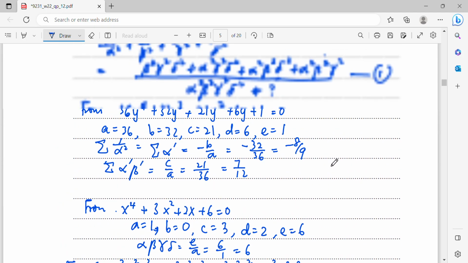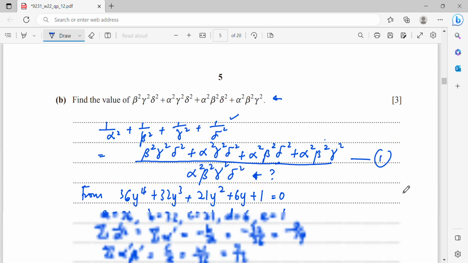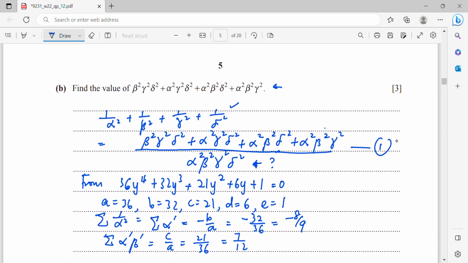So these four numerators will be this summation times the square of the product.